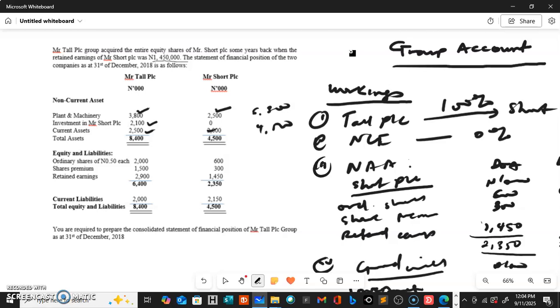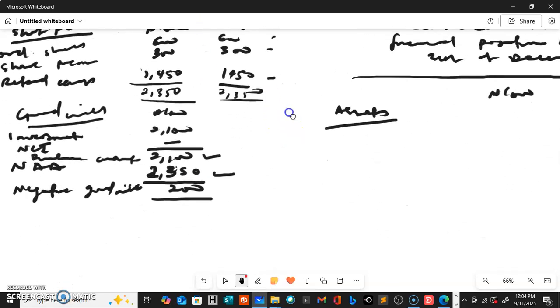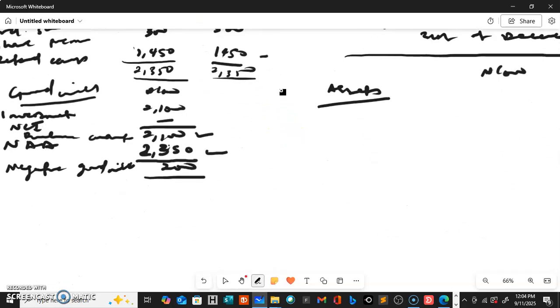Since we already treated investment, we don't need to bring this back, because we have used it to determine the goodwill, either negative or positive goodwill. So what we're going to consider now is the 6,300 and the 4,500, that is plant and machinery and current assets. So we have plant and machinery.